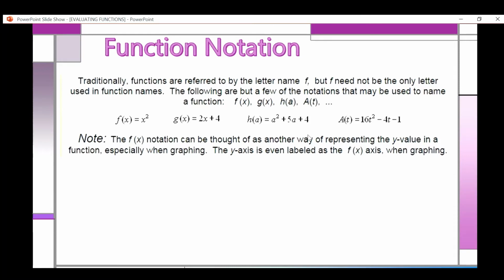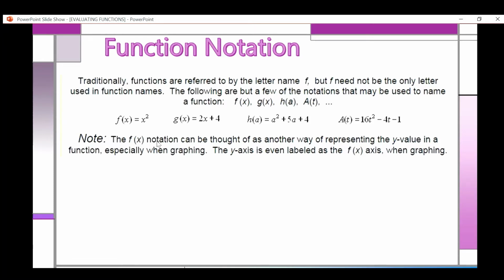For example, these functions: f of x equals x squared, g of x equals 2x plus 4, h of a equals a squared plus 5a plus 4, and a of t equals 16t squared minus 4t minus 1.